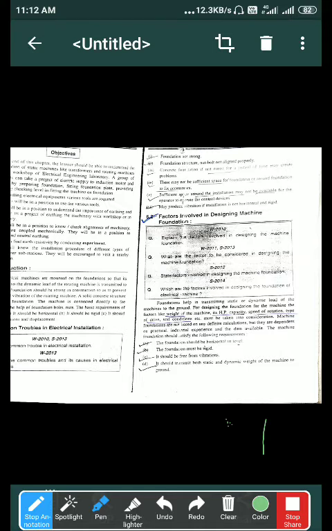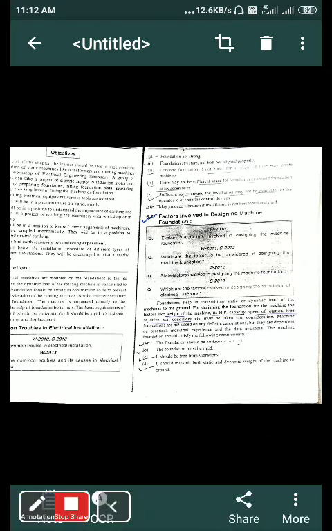The third one is it should be free from vibrations, because it will affect your machine performance, and it may injure the person who is operating that machine, if excessive vibrations are produced. Then the next point is it should transmit both static and dynamic weight of the machine to the ground.